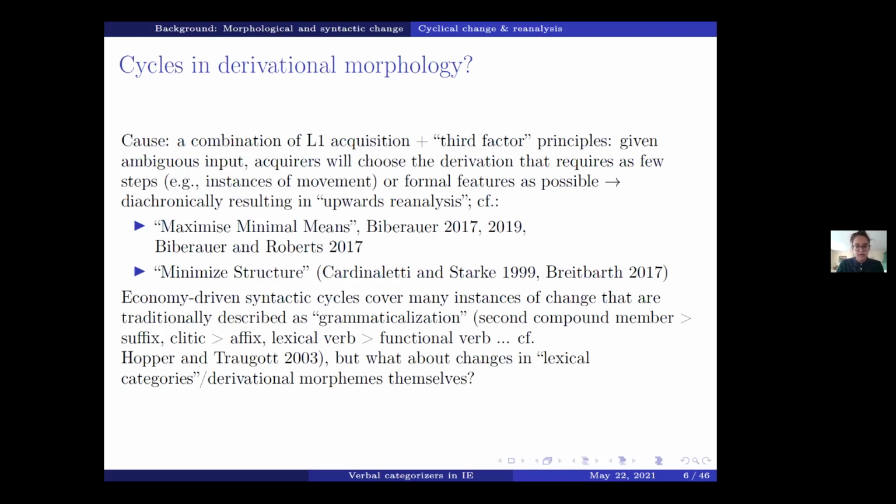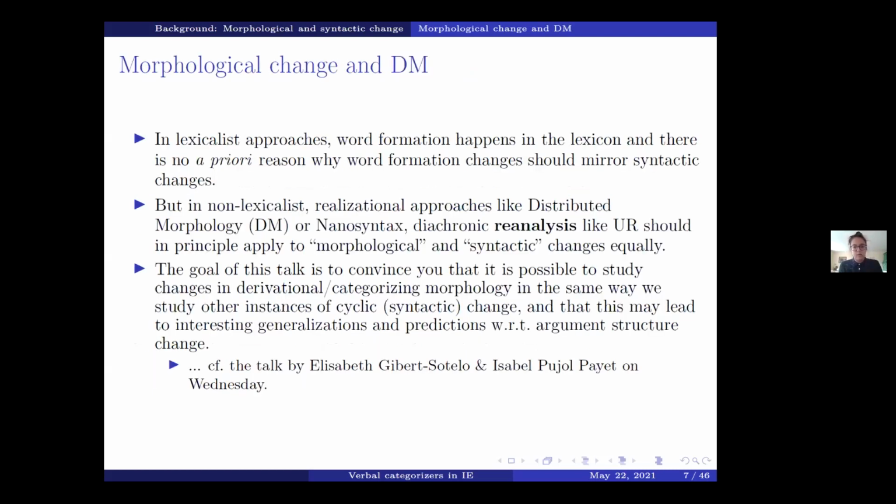And I think in lexicalist approaches, this isn't too surprising, because when you assume that word formation happens in the lexicon, or at any rate it happens before syntax happens, there's really no reason why you would expect word formation changes to mirror syntactic changes.